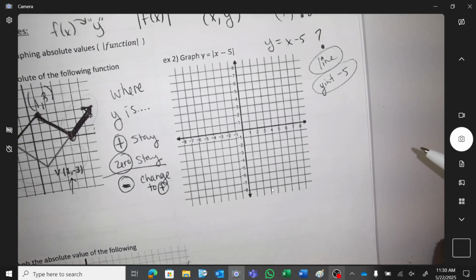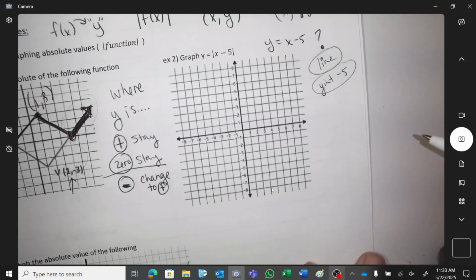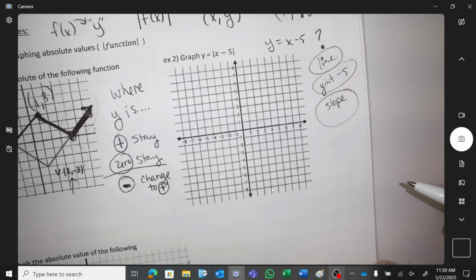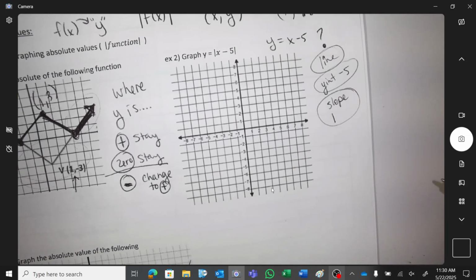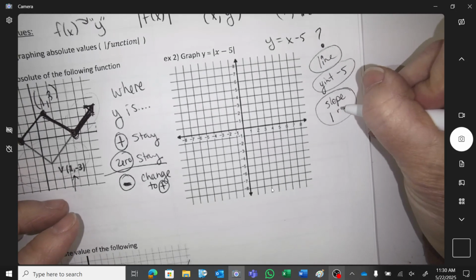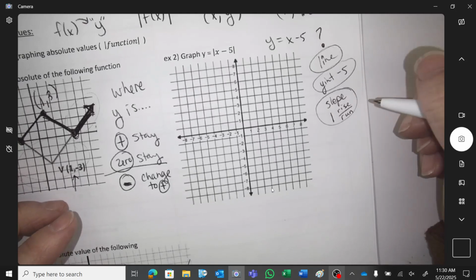What else do you care about on a line? How would you graph lines? You need to use the slope of a line. What is the slope? How many x's do you have? 1. A slope with a line is how much you rise over how much you run.